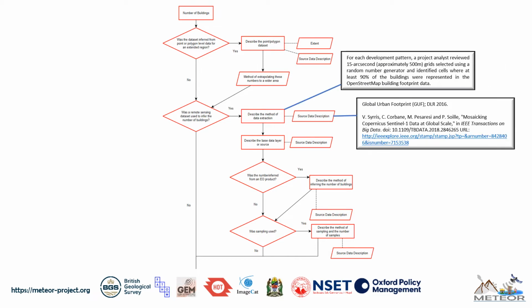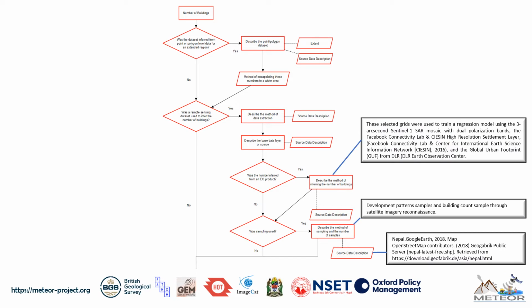For each development pattern, a project analyst reviewed 15 arcsecond grid cells, selected using a random number generator, and identified cells where at least 90% of the buildings were represented in the OpenStreetMap building footprint database.